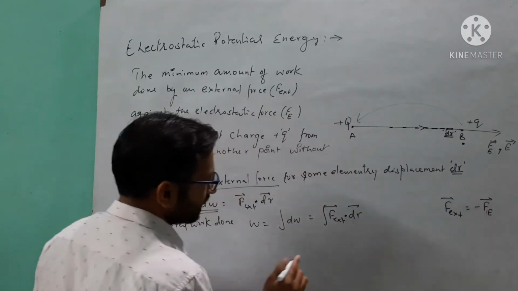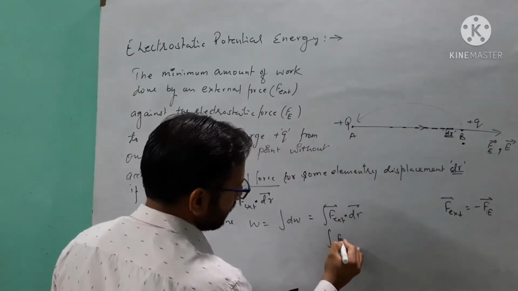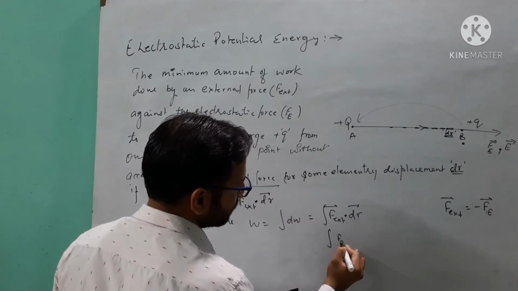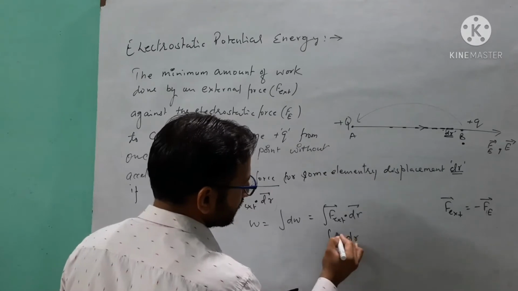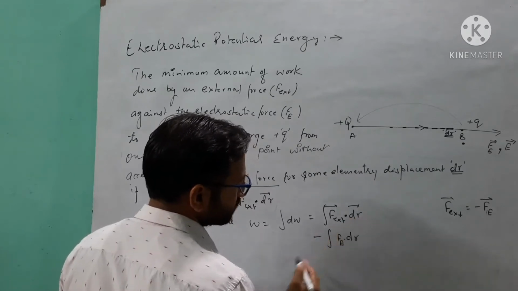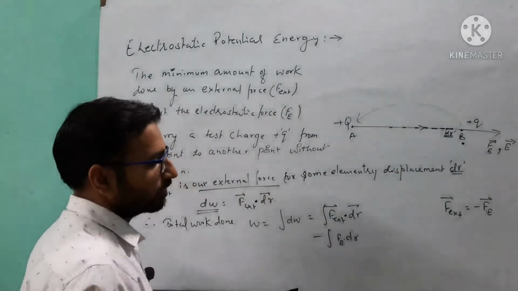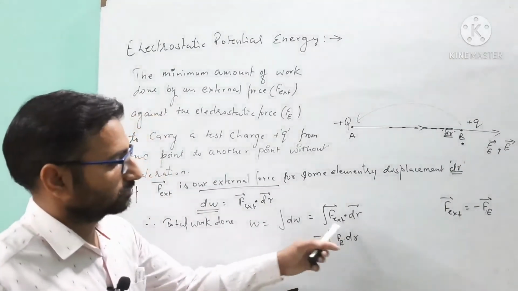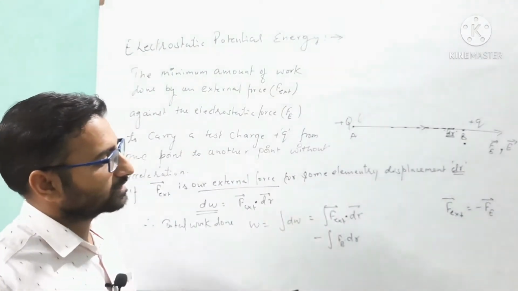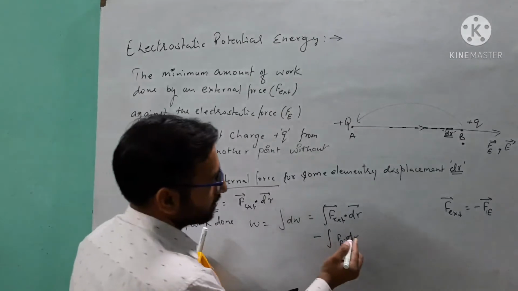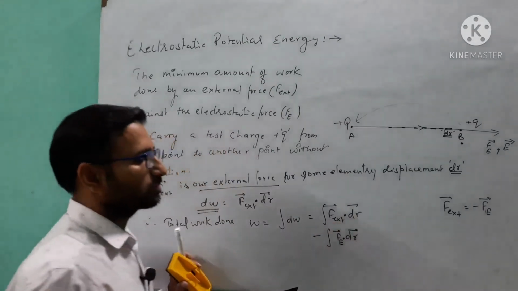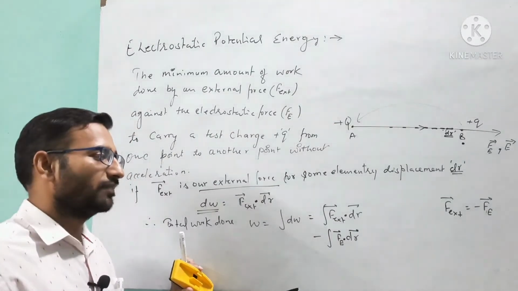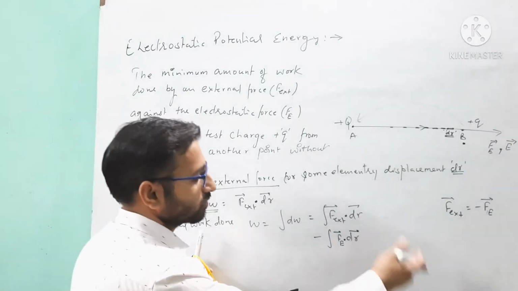So we write Fe dot dr with a negative sign. Or, in terms of cos theta, you can write Fe into dr into cos theta.